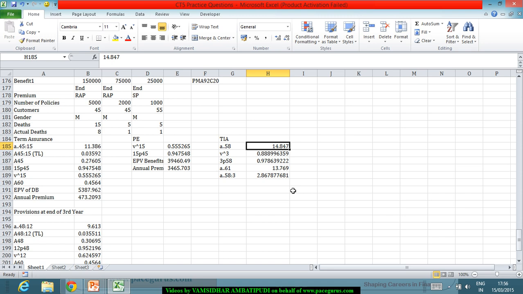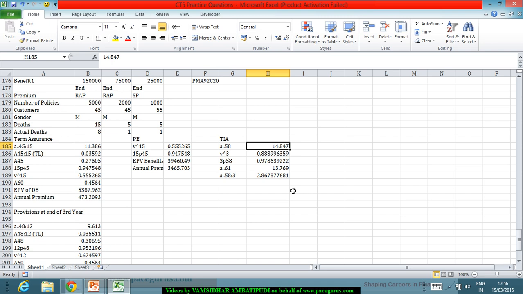Rather, I have to look at the PMA 92 C20 table. So let me just adjust them a little bit, because a few calculations will change based on the PMA 92 C20 table.